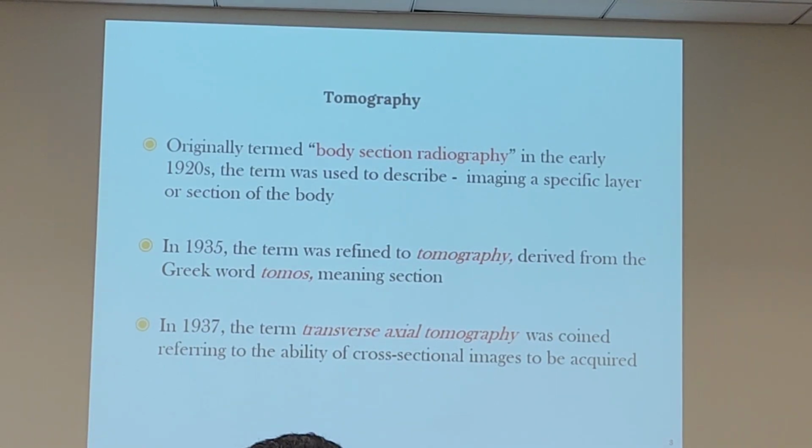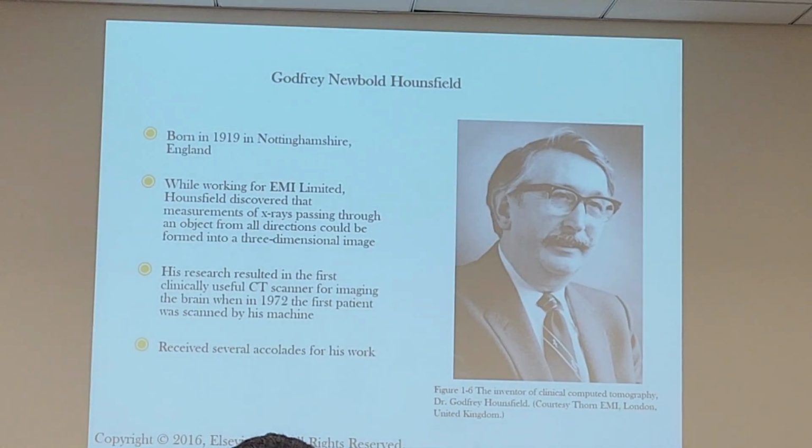As more and more committees came together, a lot of radiologists and people practicing röntgenography started to talk, and it just became greater and greater. So from the 1920s to the 1970s and 80s, the term continues to change.